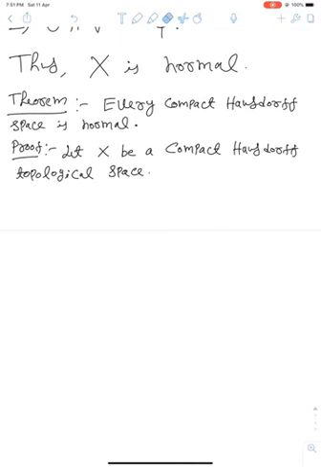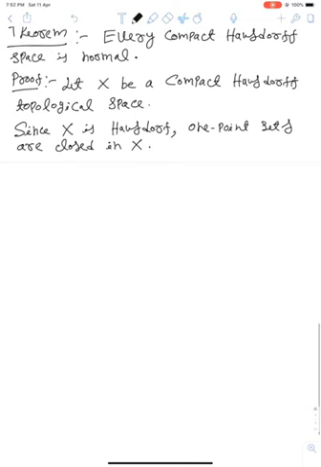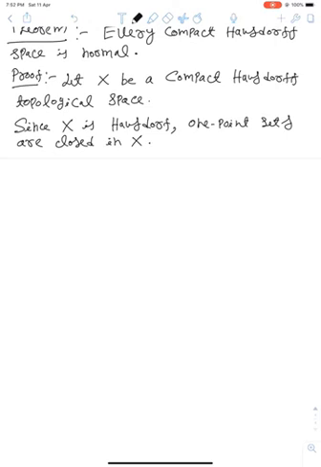Now since X is Hausdorff, we can say that singleton sets or one point sets are closed in X. Right?